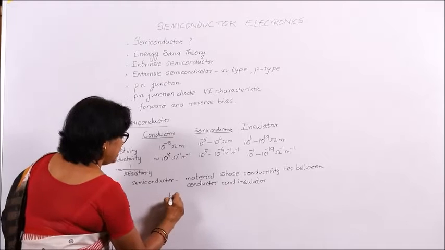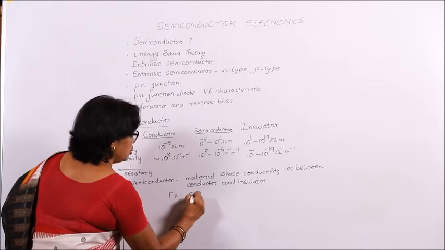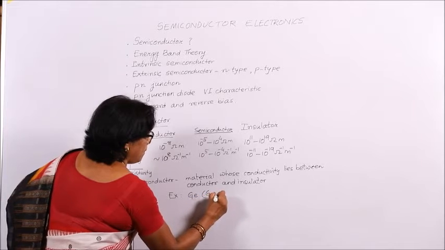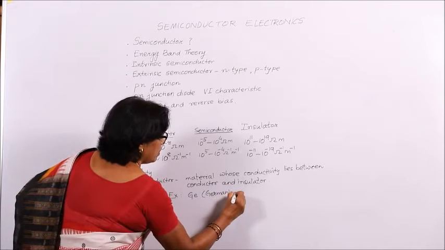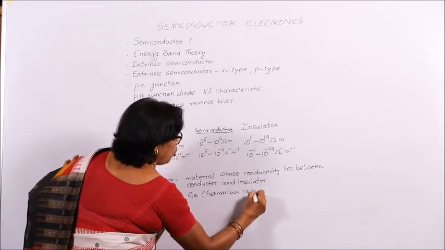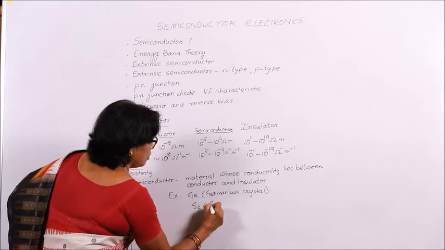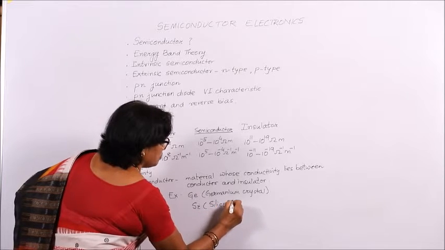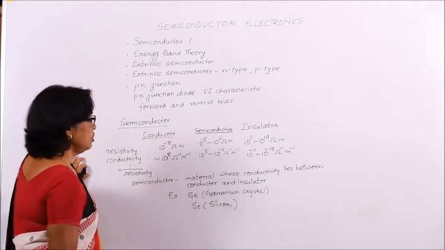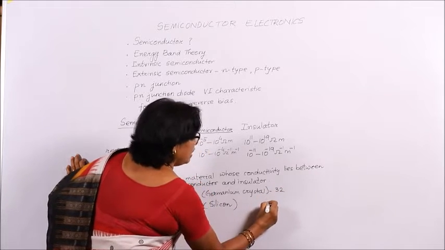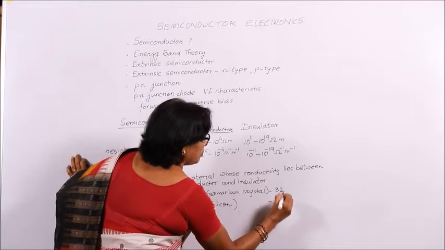For example, we have the germanium crystal, Ge, and silicon, these are the simplest of them. Germanium has atomic number 32 and silicon 14.